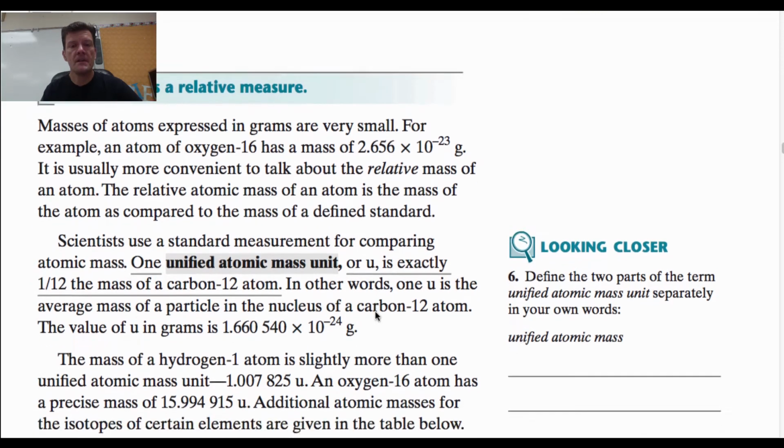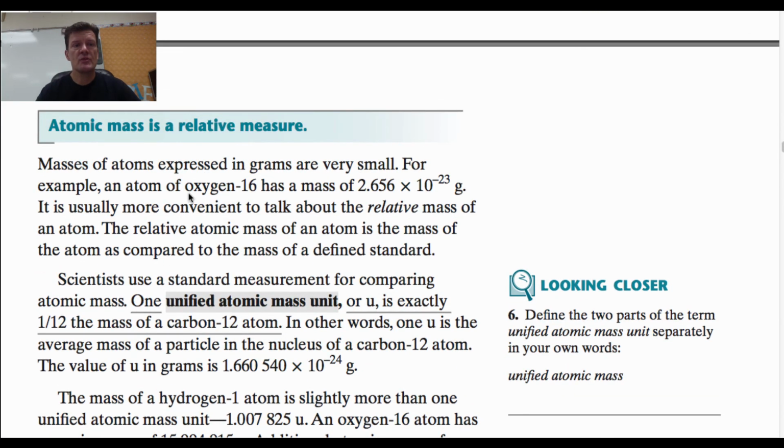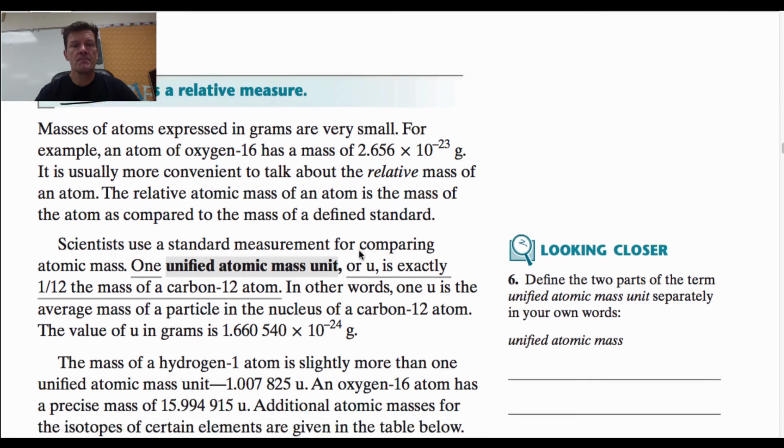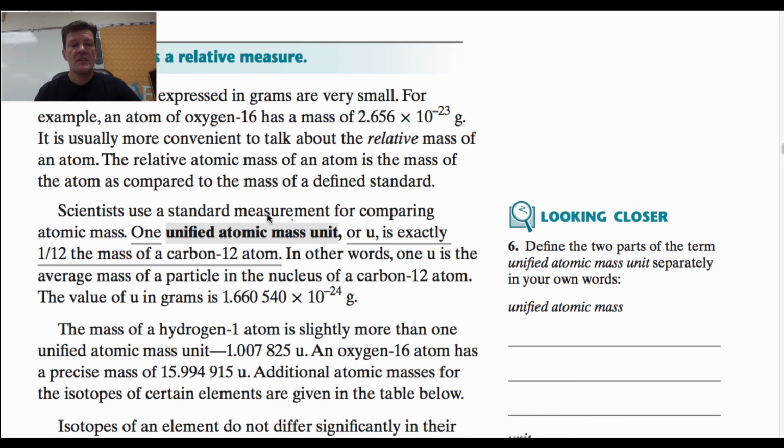All right. I'm just going to mention really quickly here the atomic mass. When we talk about the atomic mass unit, sometimes referred to with a U or AMU, it is a relative mass. In other words, you're comparing the masses of everything to something else.